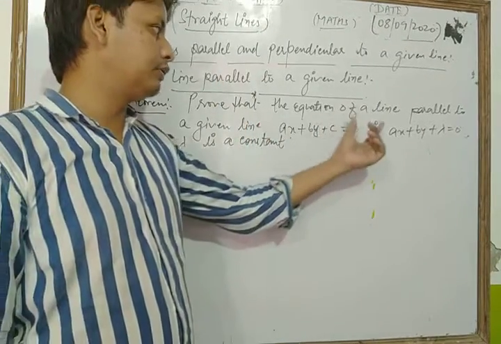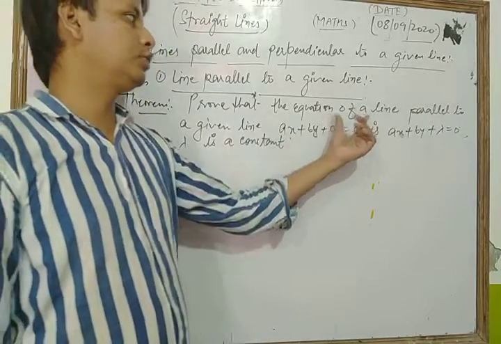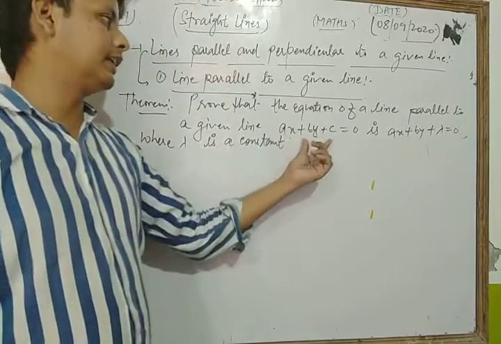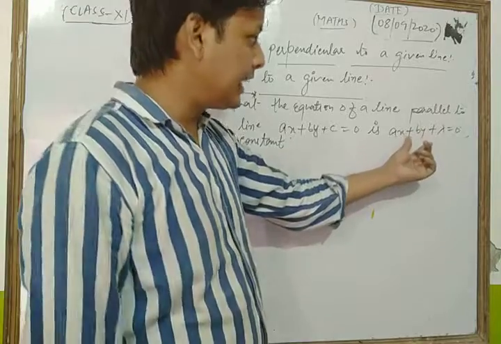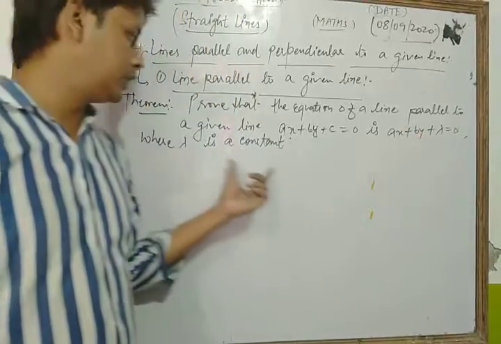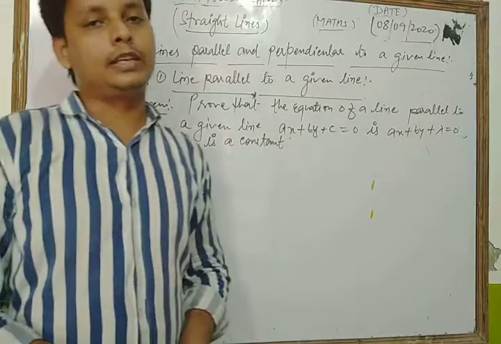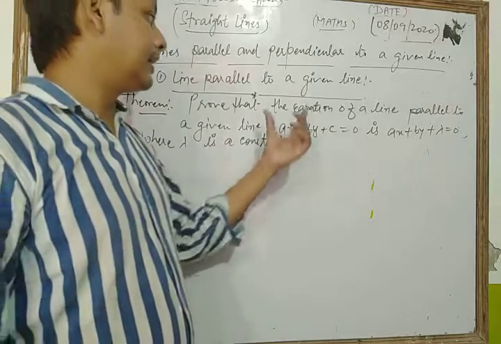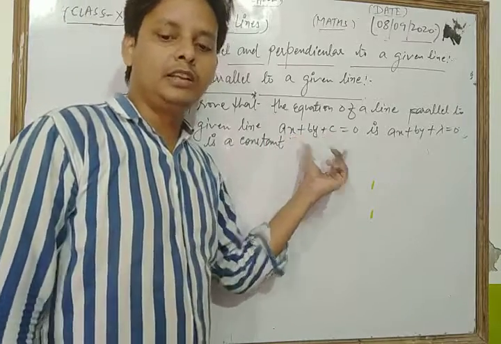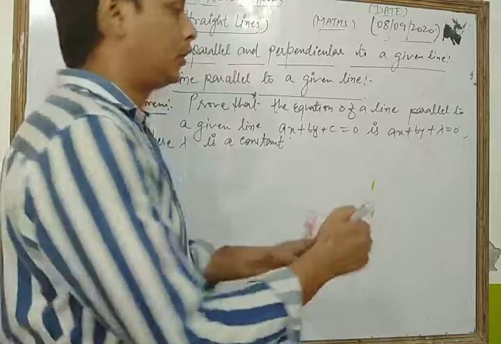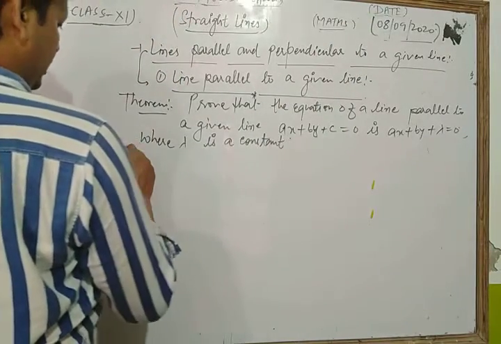We have to show that the equation of a line parallel to a given line is ax plus by plus lambda is equal to 0, where lambda is a constant. First of all, dear student, we take let m be the slope of the given line. Now let's see its proof.